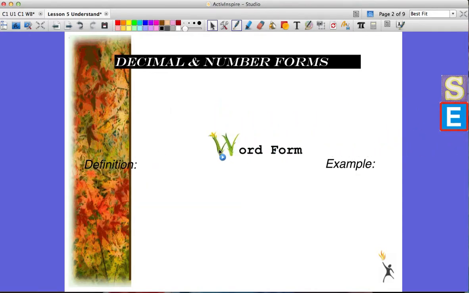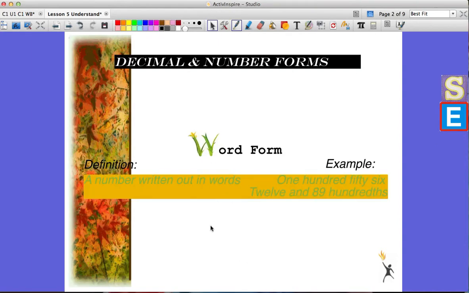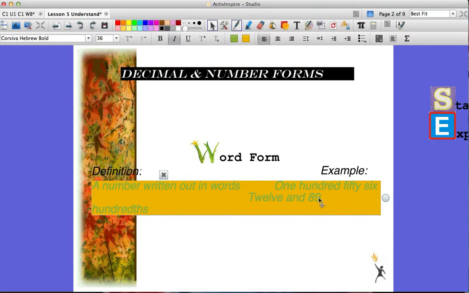And then W, word form. Word form is exactly what it sounds like. It's a number written out in words. So just like we did before, where we took the 156 and typed it out, 12 and 89 hundredths. Now, the problem with this one is 89 hundredths should not be written like with an 8 and a 9.